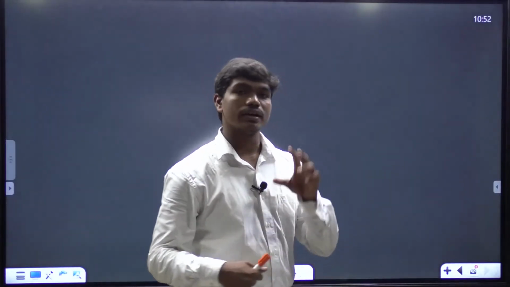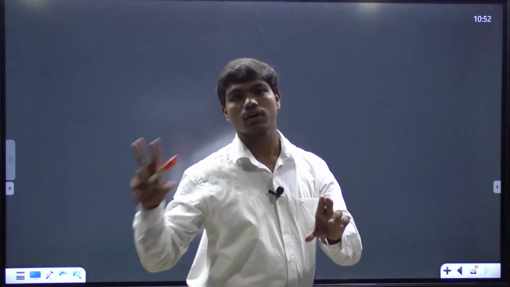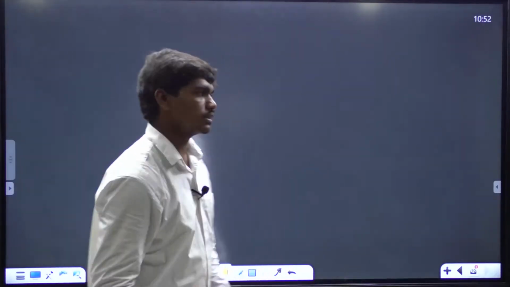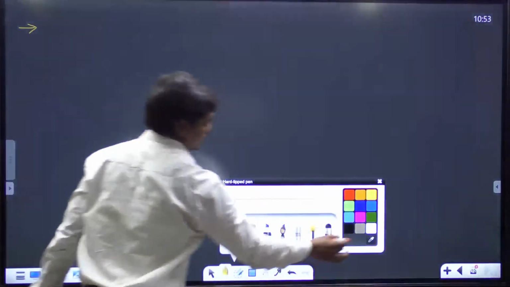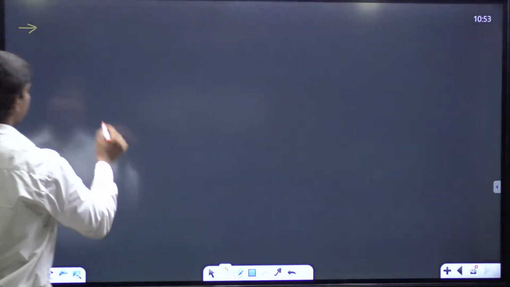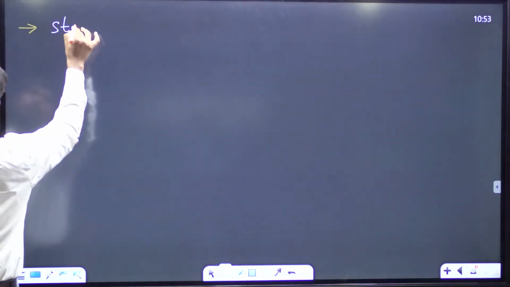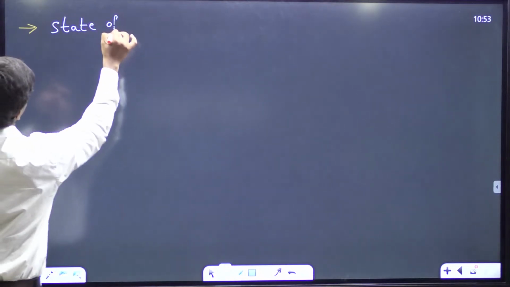And we have seen different temperature scales and how to identify the reading on one scale when the reading on another scale is given for the same temperature, correct. So now I would like to extend my discussion to other basic terminologies involved in thermodynamics. Okay, so state of a system.